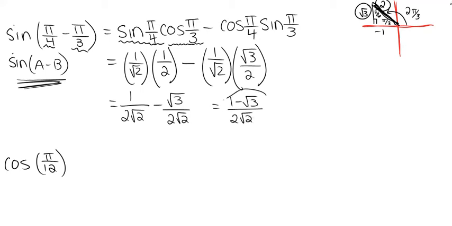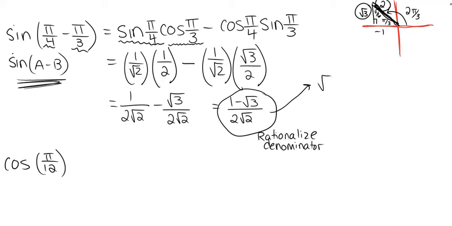And you are welcome to leave it like that, except it's not completely right, because you should do something called rationalize the denominator. We don't love to have radicals in the denominator. So if we take that out, we'll just multiply the top and bottom by root 2. So my top will become root 2 times 1 minus root 3.